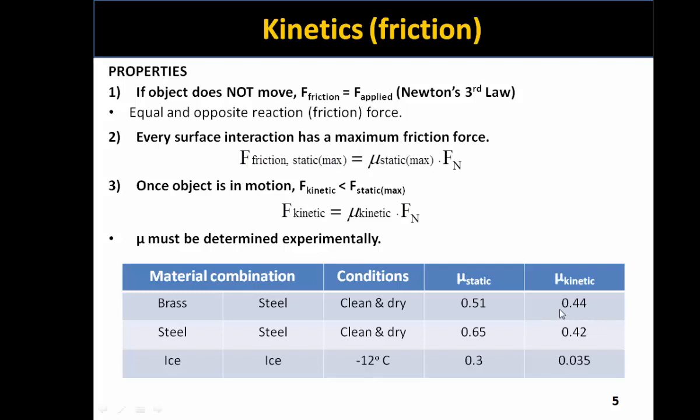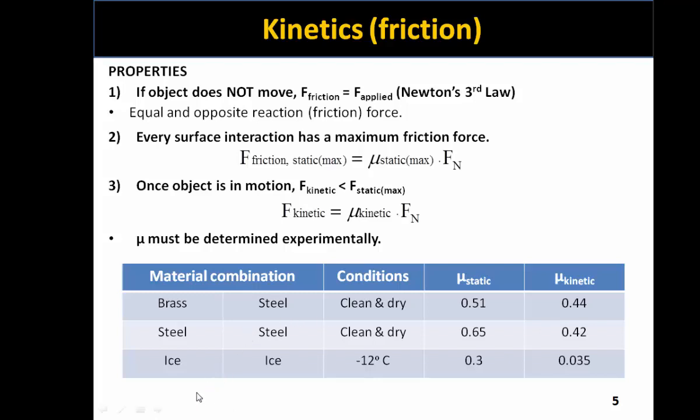And so the nature of the molecular interactions between the portions of the brass object and the surface molecules of that steel surface will alter in that less resistance will be applied to that sliding. So we see with steel on steel, the surface has to be clean and dry. We see the static coefficient is 0.65, the kinetic coefficient is 0.42, and we'll work through an example changing the static coefficient to a kinetic coefficient once we start the steel object moving.